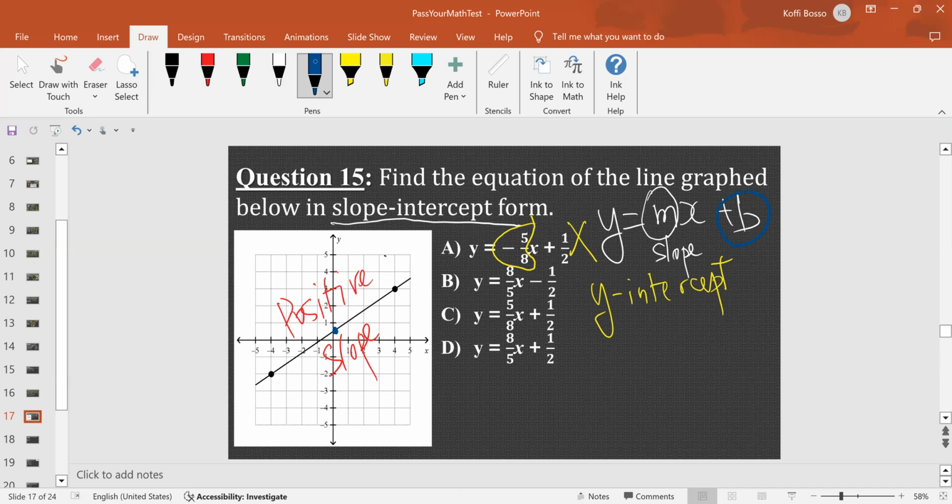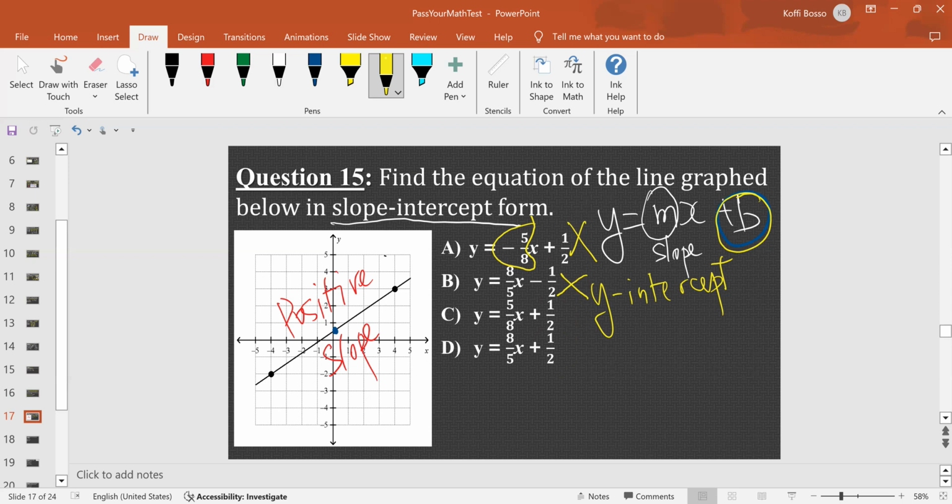We call the y-intercept b, and that b is the number alone without x. So the b here is 1 over 2, the b here is negative 1 over 2, positive 1 over 2, positive 1 over 2. Based on the line, the b has to be positive 1 half, 0.5, because the crossing is between 0 and 1. So it has to be positive 1 half. Therefore, B is also out.